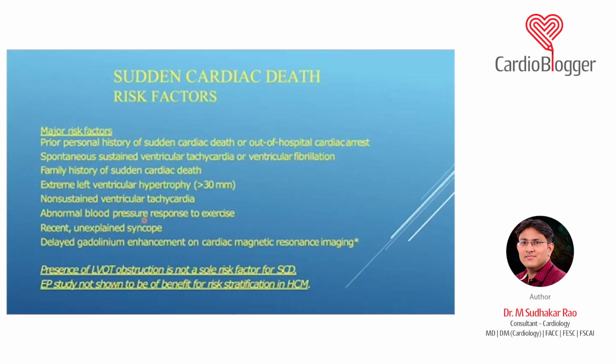And if you do an MRI in a patient with hypertrophic cardiomyopathy and you see scarring, that is late gadolinium enhancement, which is more than 15%, then they are at high risk. If you need two or more, not one, two or more of the above parameters, then those are patients who should receive ICD for primary prevention. And all other patients with HCM who have a documented VT or who have a resuscitated cardiac arrest, they should receive ICD for secondary prevention.